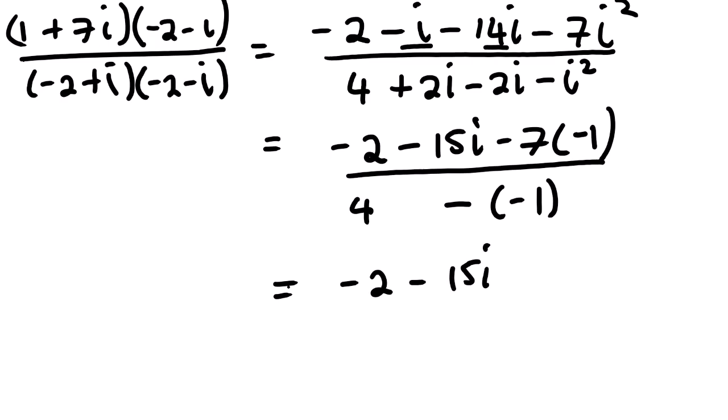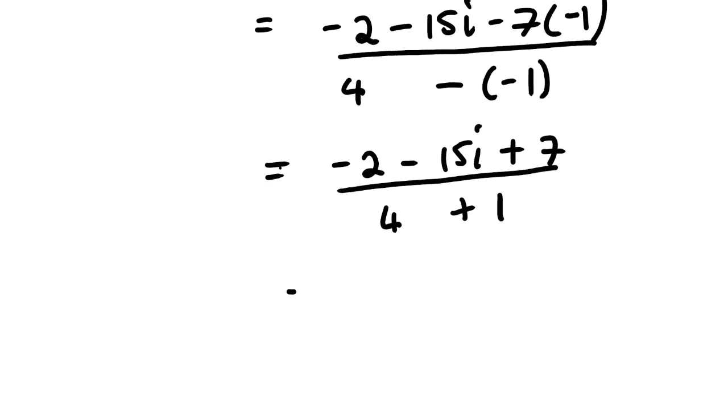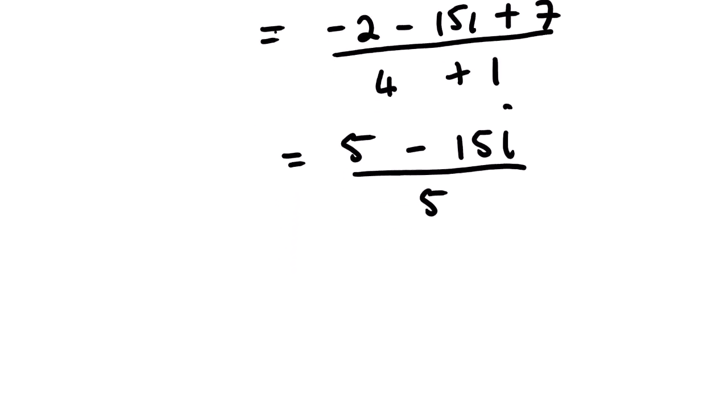Negative 7 multiplied by negative 1 is positive 7. All over 4, and negative i squared is positive 1. So from here we have negative 2 plus 7 is positive 5 minus 15i over 5.